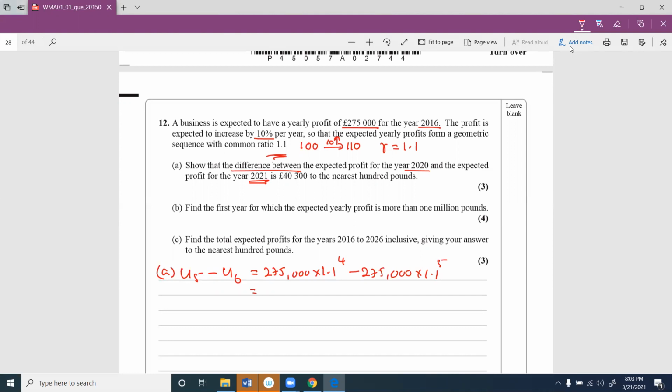You can do it the other way around. Anyway, we have to find the difference. 275,000 times 1.1 to the power 4. So you get the answer, this bit.